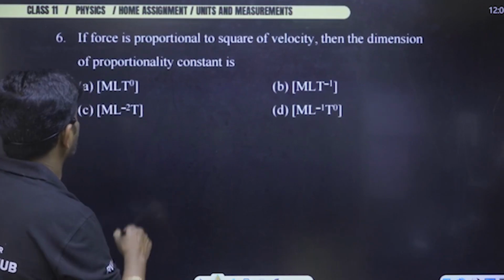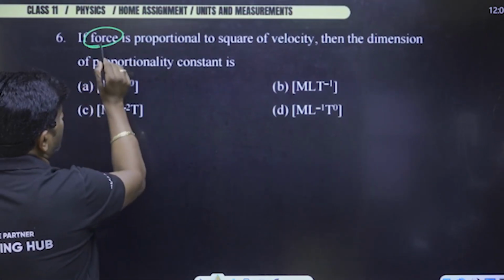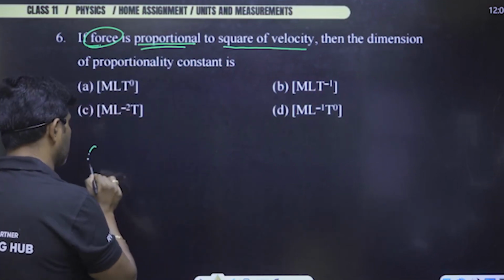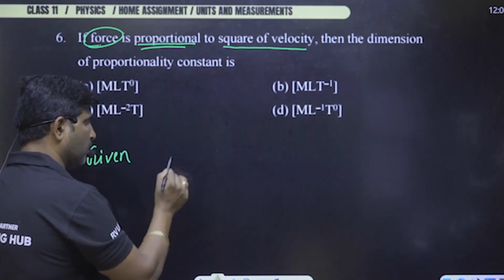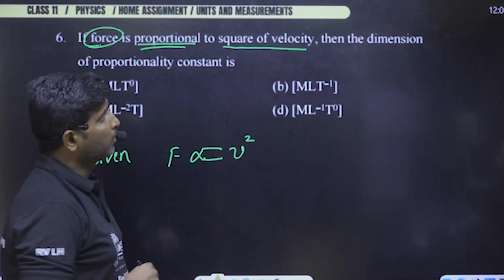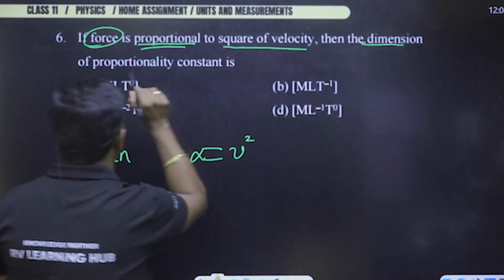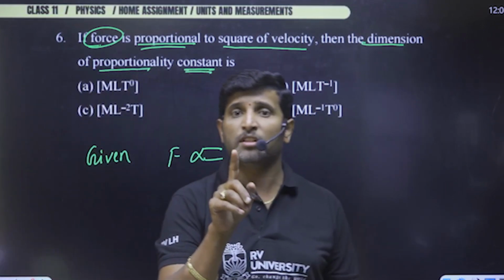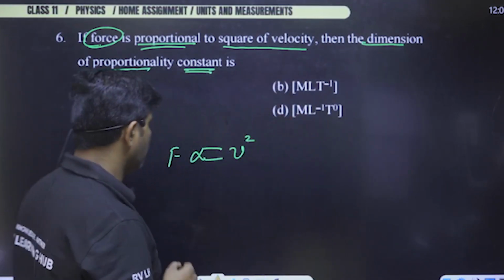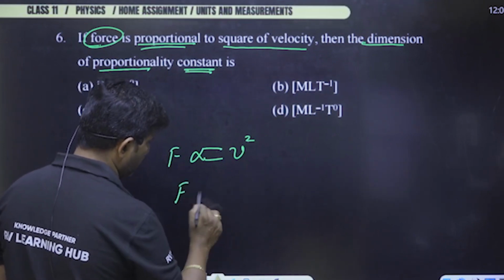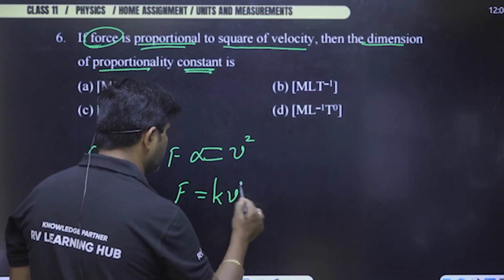What are they saying to us? If force is proportional to square of the velocity, please go through it. Then, what are the dimensions of the proportionality constant? How can you simplify this? See here, removing the proportionality, I can write F equals some constant K into V square.